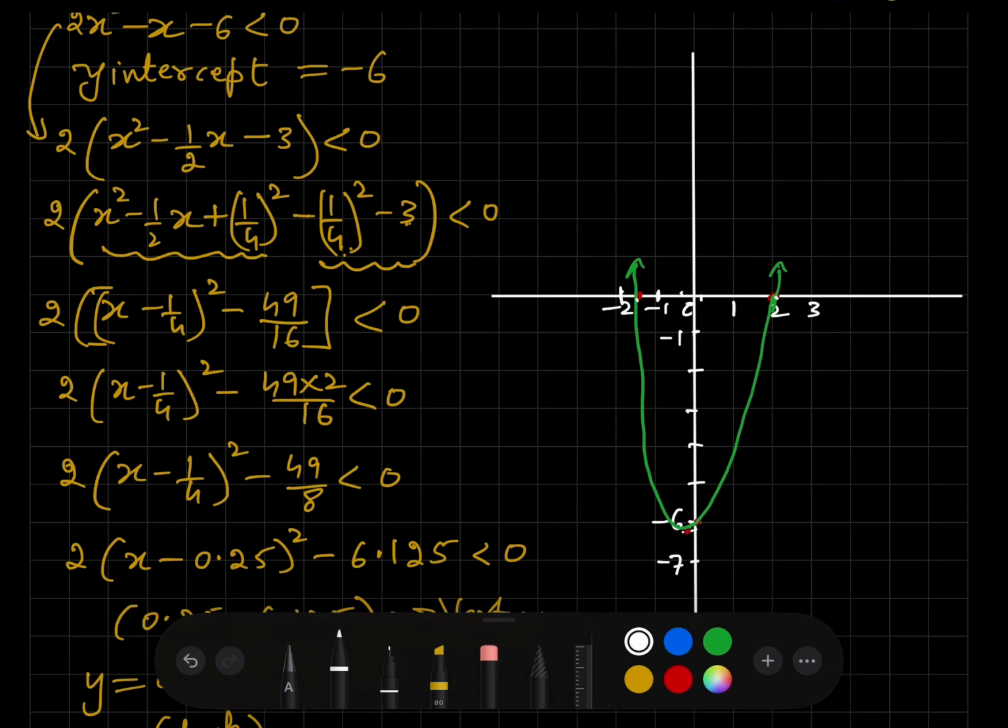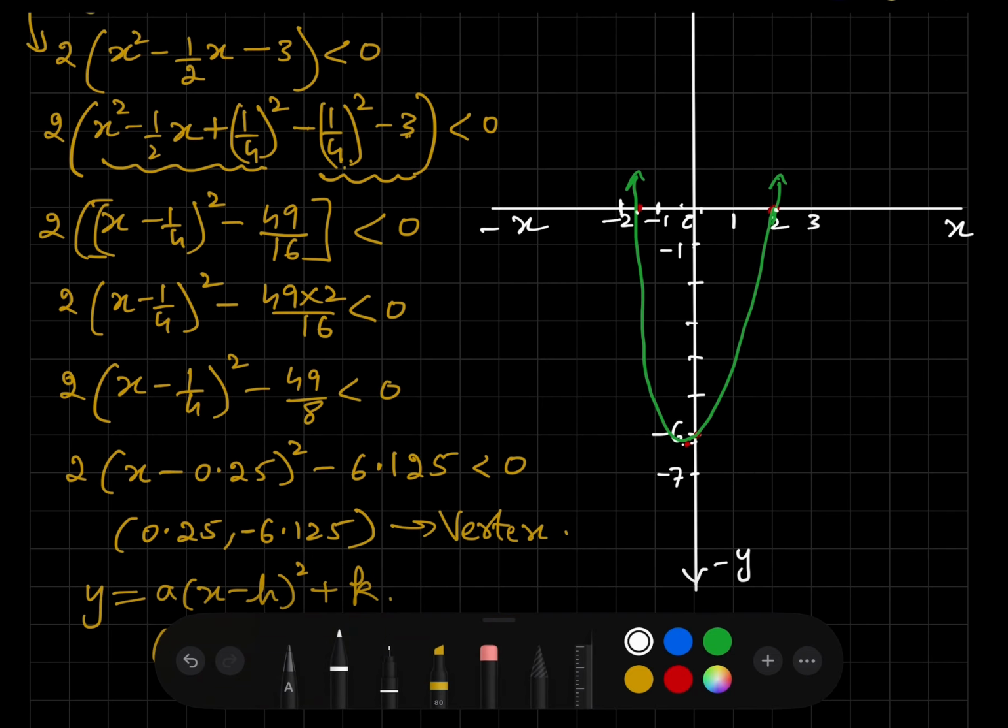Above the x-axis our y values are positive, and y values are negative only below the x-axis. The area below the x-axis is this area. Correct?